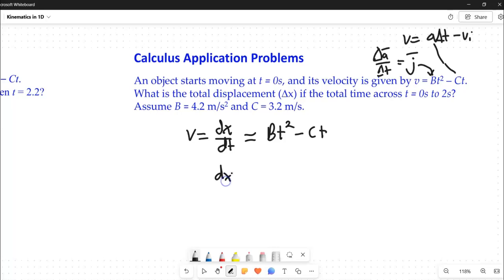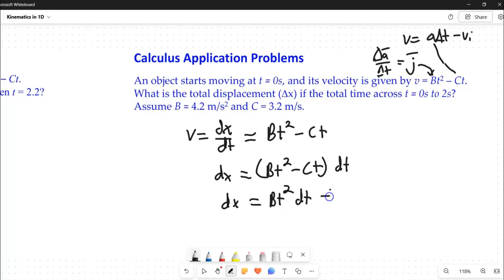So dx is equal to bt squared minus ct, times dt. We take that dt and multiply it through: b t squared dt minus c t dt.